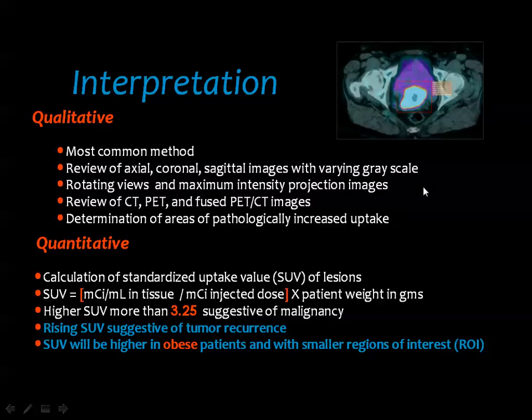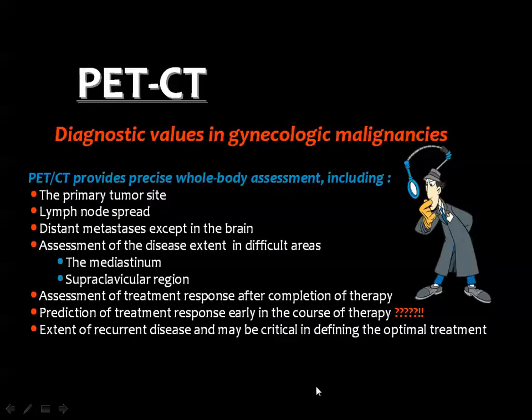As I have mentioned, the interpretation of the images may be qualitative by vision, or quantitative by the machine. And the threshold for the standard uptake value is about 3.25, which can suggest malignancy, and this is liable to many errors, as you know.